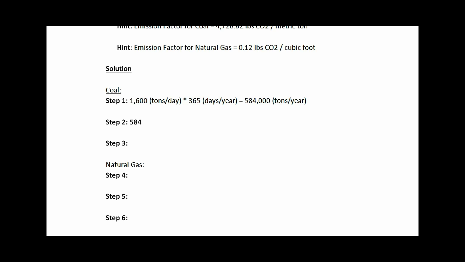Now we have 584,000 tons per year. Multiply that by our emission factor, which is 4,728.82. Once again, the 0.82 is sort of a moot point, but we'll keep it in there for the sake of being accurate. So that emission factor is pounds of carbon dioxide per metric ton.